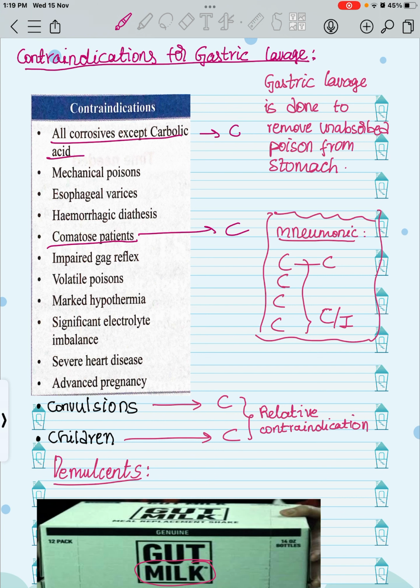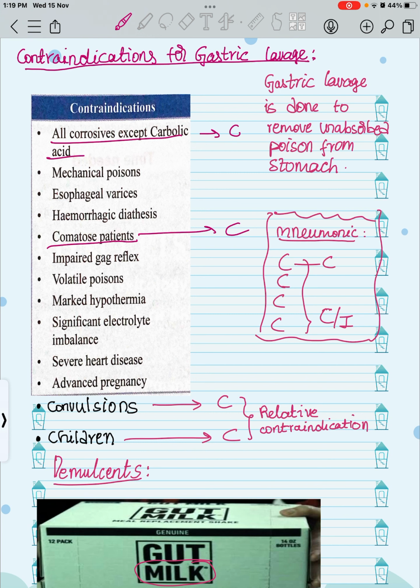For example, sulfuric acid poisoning, which is a corrosive. The mnemonic for remembering this is 4 C's. Contraindications include comatose patients, all corrosives except carbolic acid, convulsions, and children.